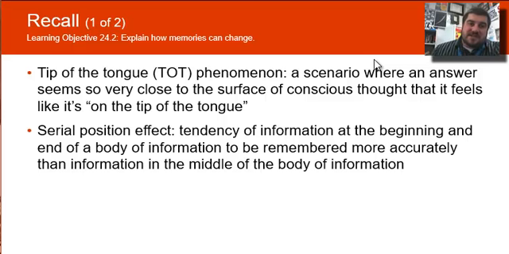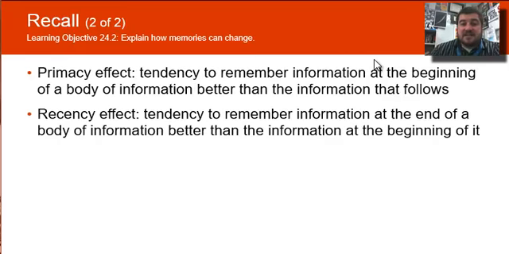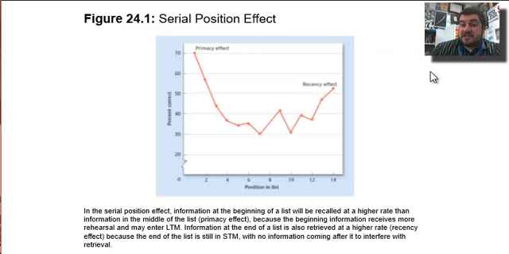So if I were to give you a list of 15 numbers, you would more than likely recognize and be able to recall the numbers at the beginning and the end of the list. And the primacy effect are the numbers at the beginning, and the recency effect are the numbers at the end. Just different names for numbers at the beginning or the end.